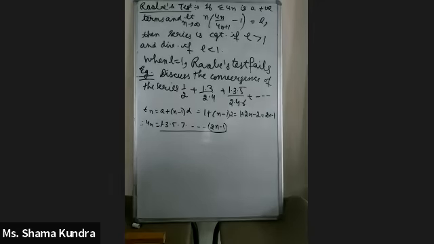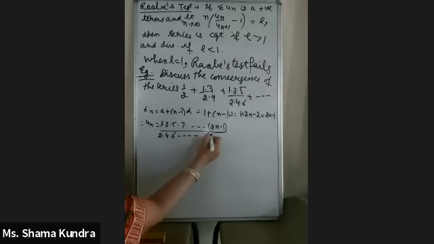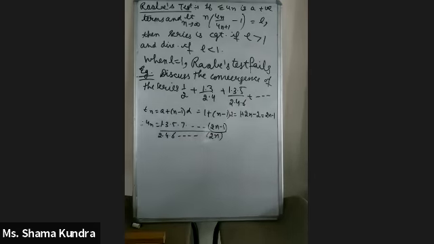For the denominator, we have 2, then 4, then 6, even numbers. So at last we have 2n. Next step is to write down the n plus 1th term. For the n plus 1th term, the difference is 2, so add 2 in the last term of the numerator, and here also the difference is 2, so add 2 in the last term of the denominator.